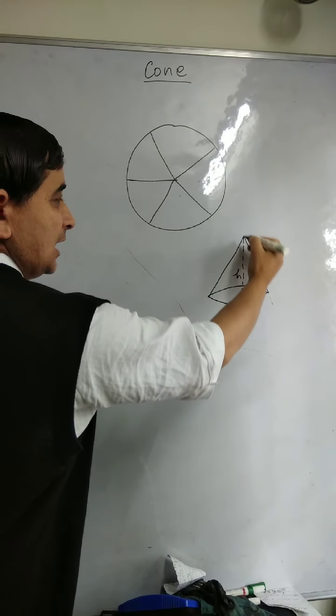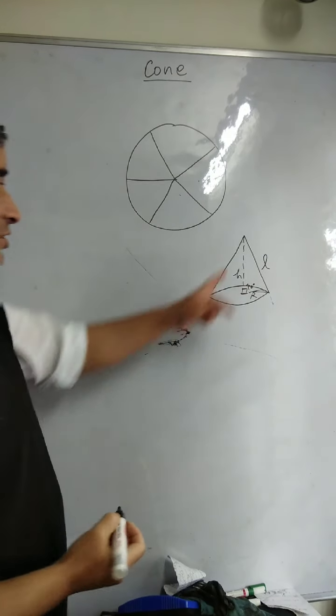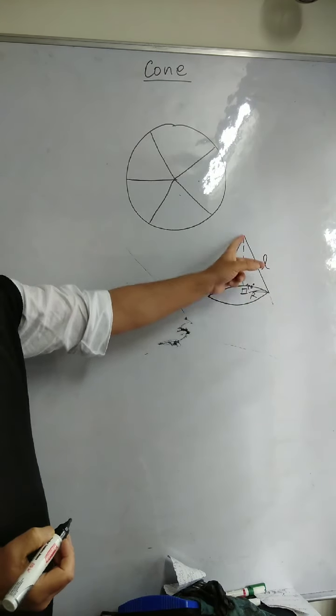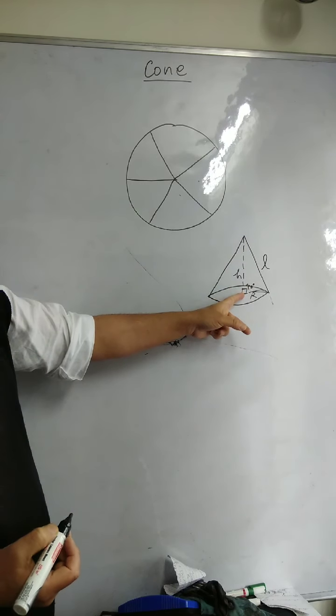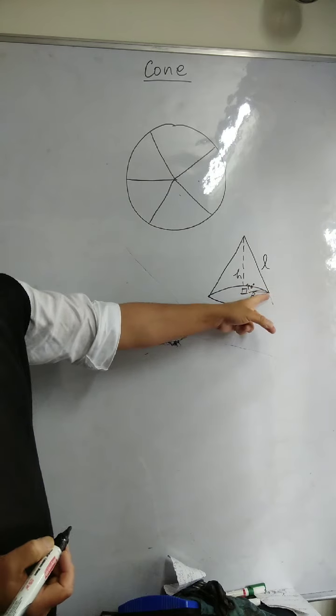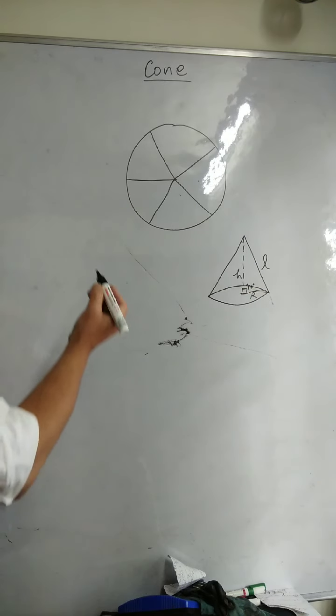And this line which you can see, this we call as what? Slant height. So in a cone, this is the perpendicular height, this is the radius, this is the slant height.